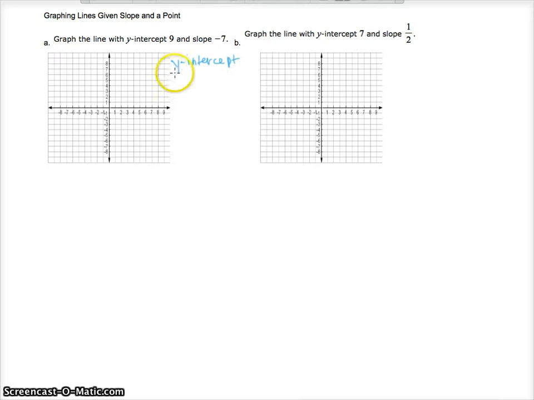The y-intercept is where the line crosses the y-axis, so it's a point where the line crosses the y-axis.